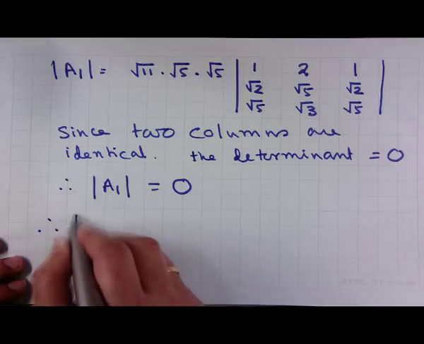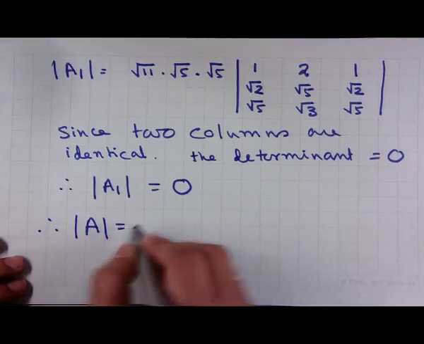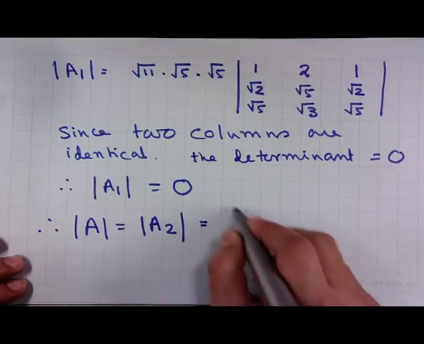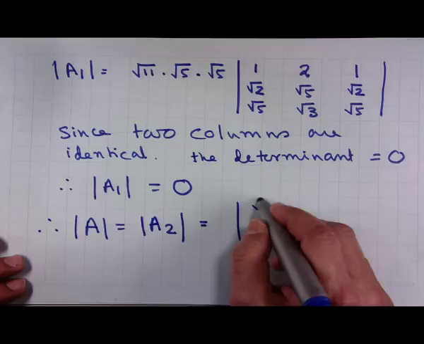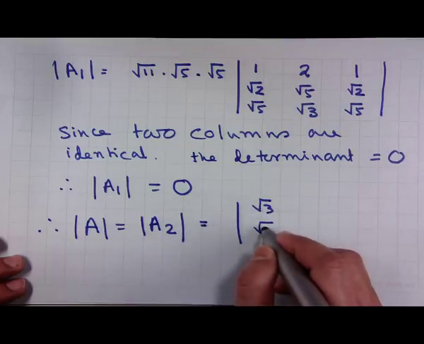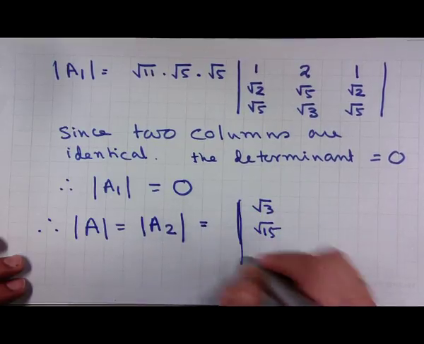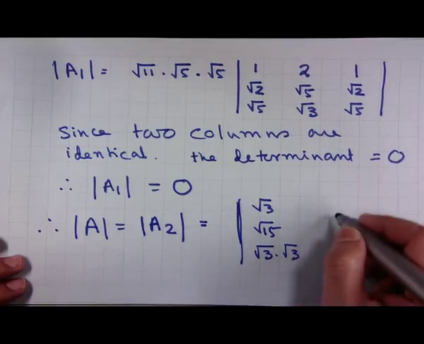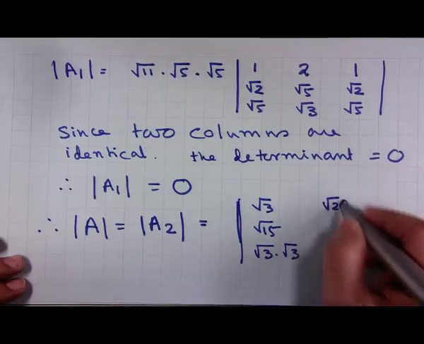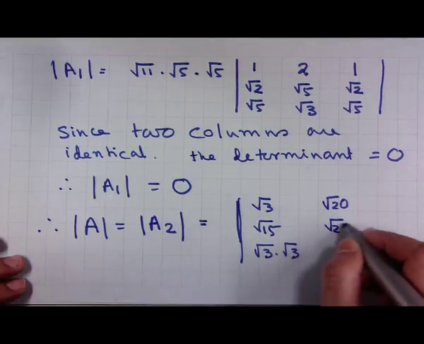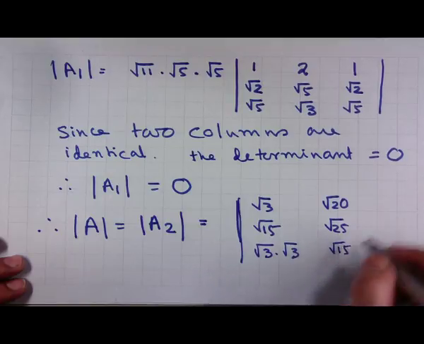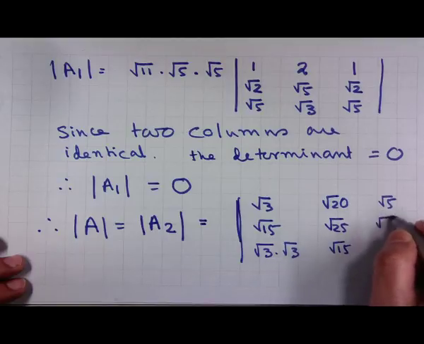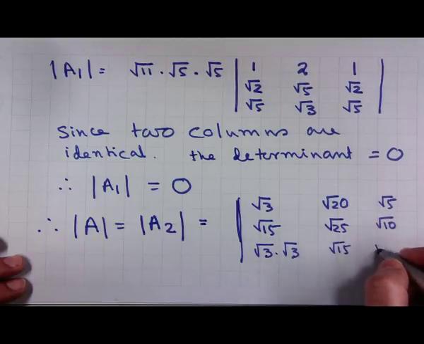Therefore, we can write determinant of A is the same as determinant of A2, which is equal to the determinant of root 3, root 15, root 3 into root 3, root 20, root 25, root 15 and root 5, root 10 and root 25.